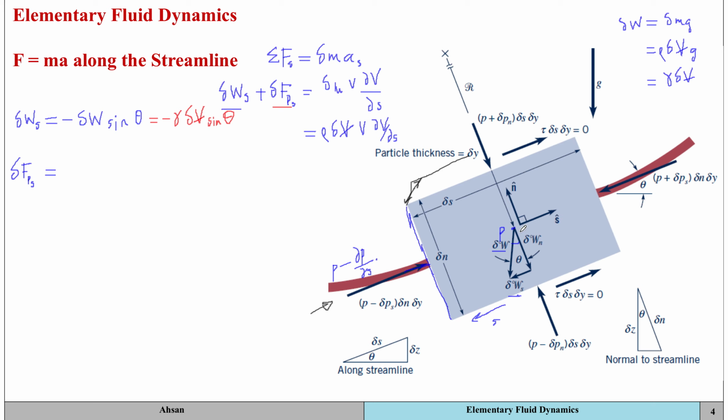And because we're moving from the center, the total distance is delta S, so half of that would be delta S divided by 2.